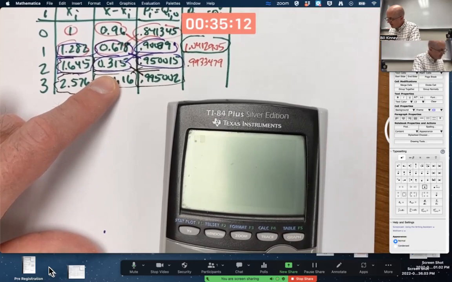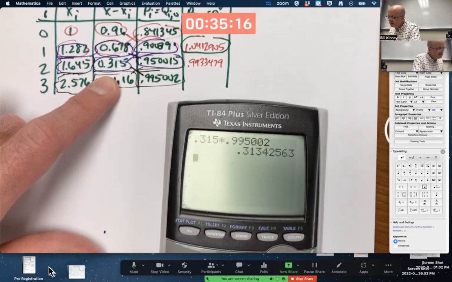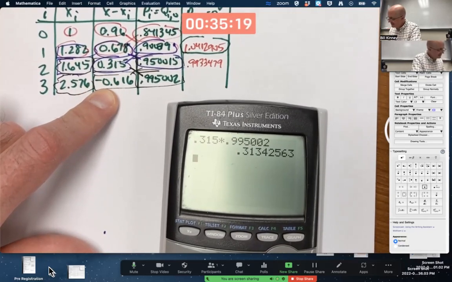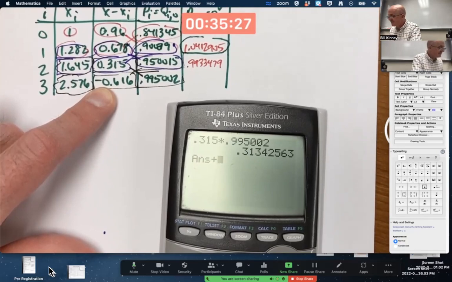So 0.315 times 0.995002 minus, careful, because that's a negative sign, subtracting a negative is the same as adding, so I'll do an adding here. 0.616 times 0.950015.